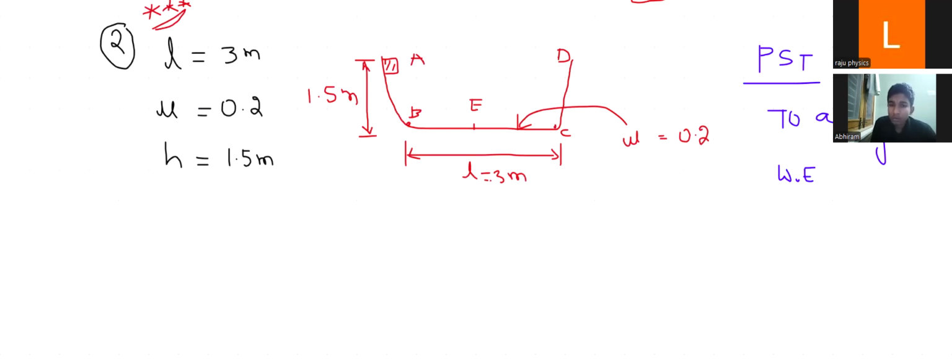Is it a flat surface, frictionless or having friction? Here a friction coefficient is given.